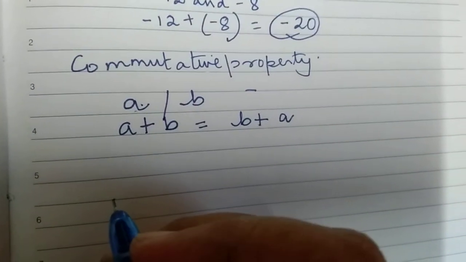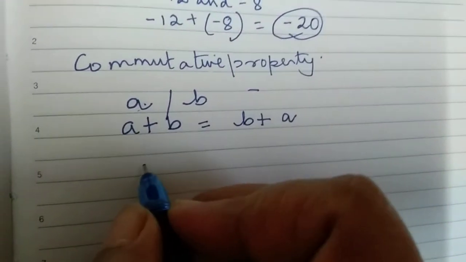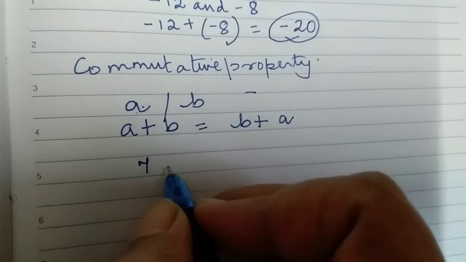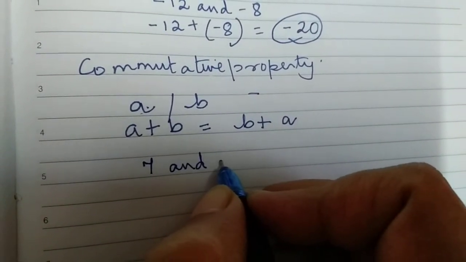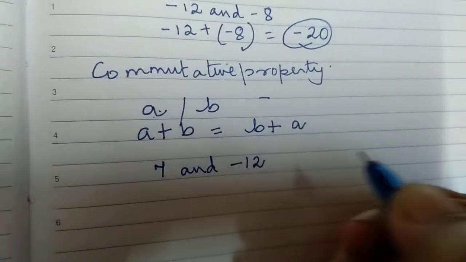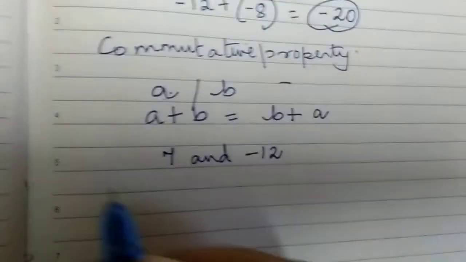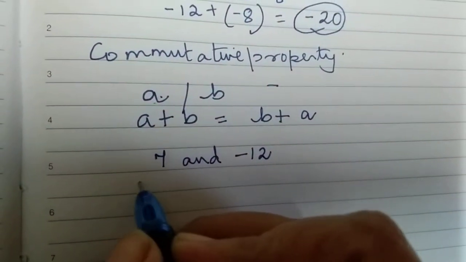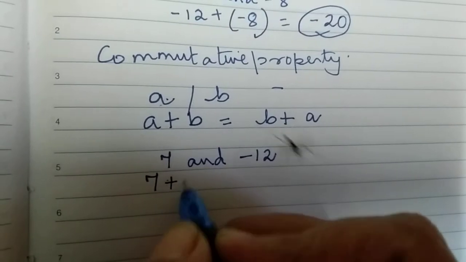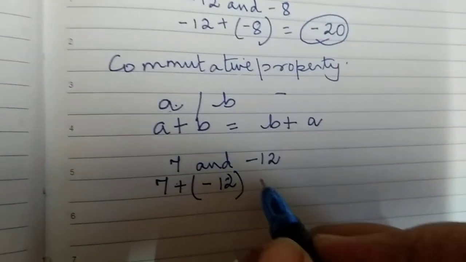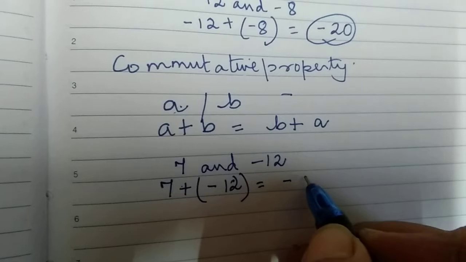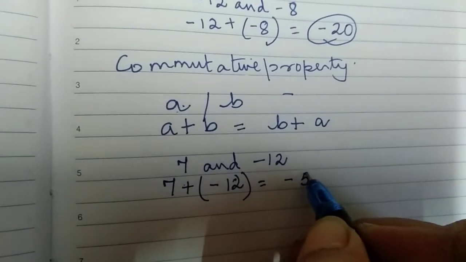So, suppose we take two integers, let the two integers be 7 and minus 12. I'm just taking these numbers. If we add up 7 plus minus 12, then the result will be minus 5.